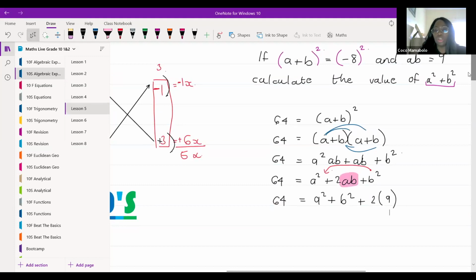All right, good. So now I've got 64 is equal to a squared plus b squared plus 18. But our question said we just want a squared plus b squared. That's all we want. So what do we need to do to get a squared plus b squared on its own, guys?